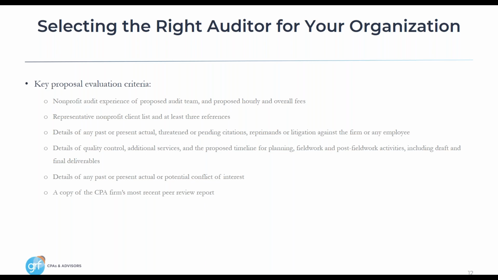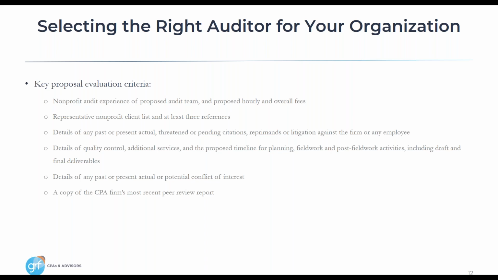Make sure you ask about any potential or actual conflicts of interest that may exist. That may be the case if there is any kind of relationship between a member of that CPA firm and any member of management of your entity or a member of the board of directors of your entity. So it could be that they know each other or they've worked together in the past.